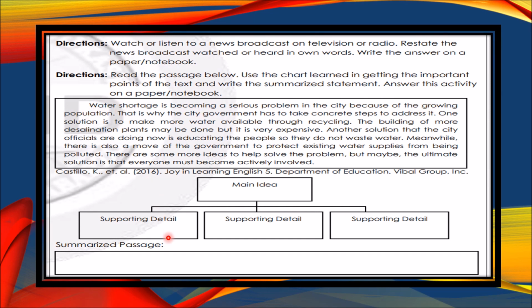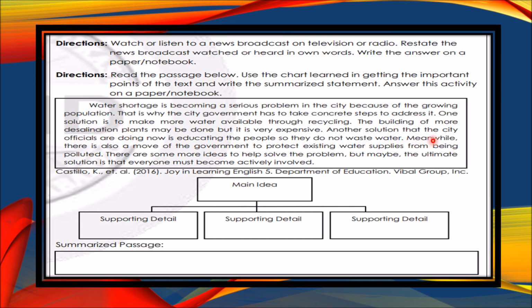Then the supporting details. What are the supporting details? The supporting detail is that the government has to take concrete steps to address it. Then paano? Another supporting detail is to make water available through recycling and building the desalination plants also.